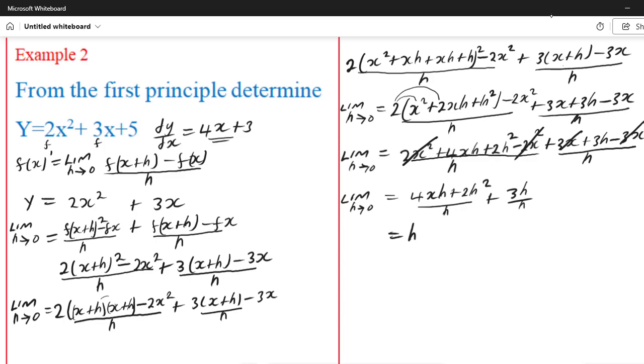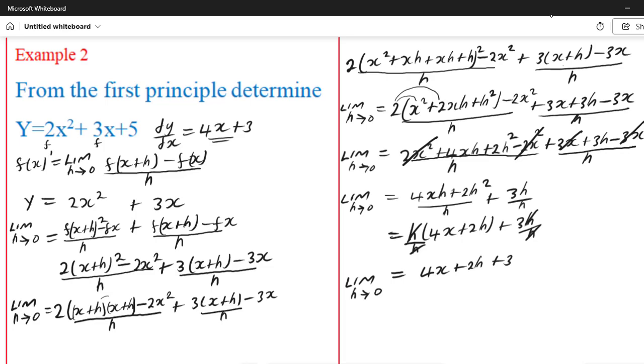So we have h times (4x plus 2h), and then I'll divide by h, then plus 3h over h. So this h cancels out, and this h cancels out. So our equation remains to be 4x plus 2h plus 3. Remember, the limit of h is a very small value and it approaches 0.